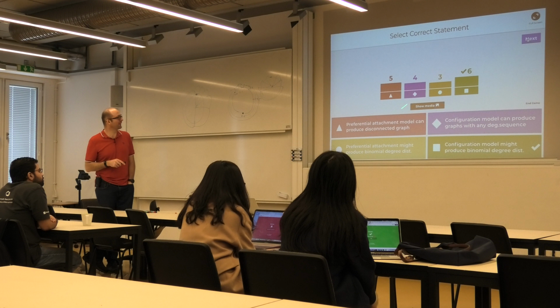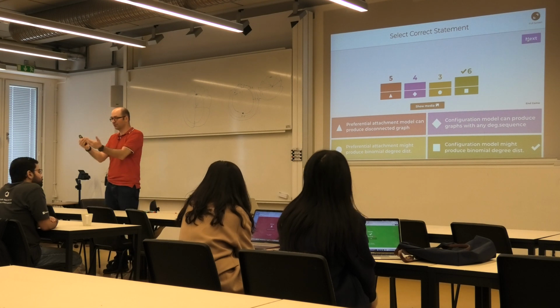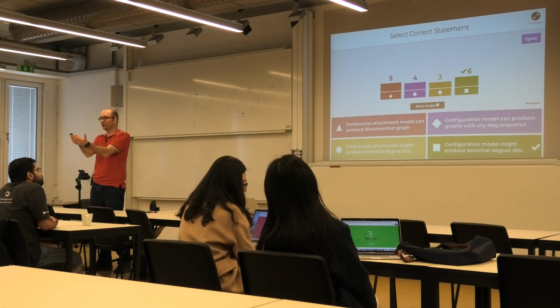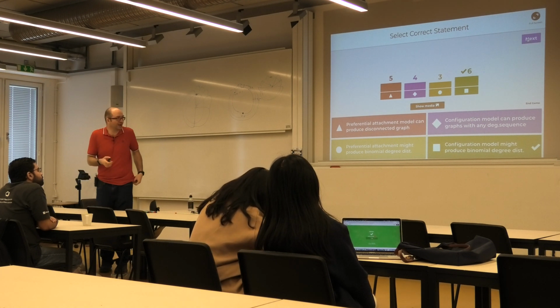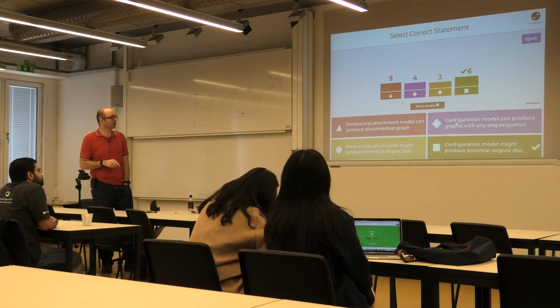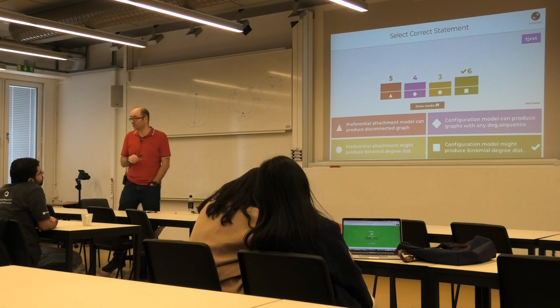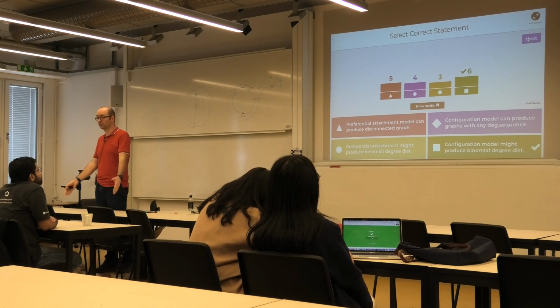Okay, let's go over. Preferential attachment model can produce a disconnected graph. Remember, we always connect, so it cannot get disconnected. We start with a connected graph, and every node that comes connects to the component, so it cannot get disconnected. Configuration model can produce graphs with any degree sequence, and that's what we discussed. It's not always possible, with an arbitrary degree sequence, to produce a graph.